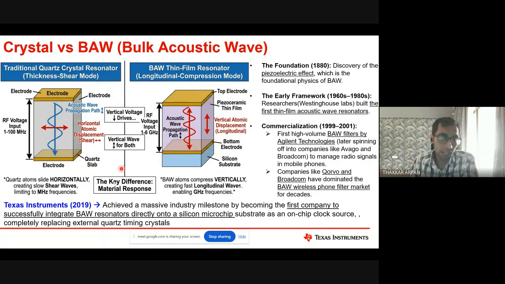Except in 2019, Texas Instruments managed to integrate this entire crystal on silicon. Okay, so you might feel that on the wafer you can put this crystal and then bond it, but it's not so easy.